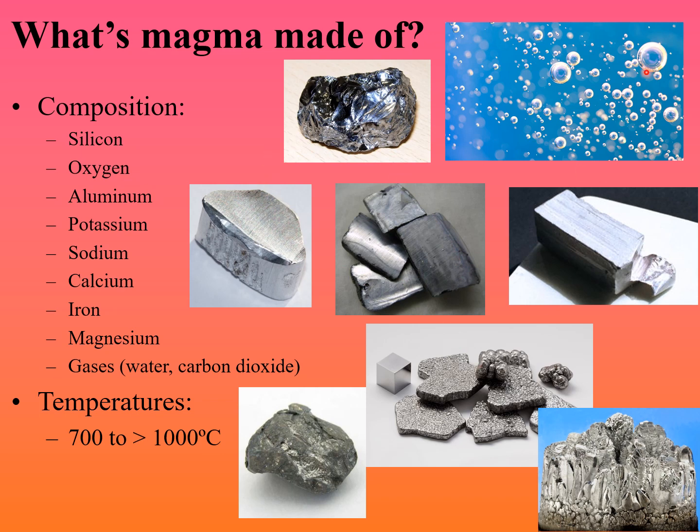There's our gas bubbles up there, and then oxygen obviously is a gas. But then aluminum, potassium, sodium, calcium, iron, and magnesium, here they are in their metallic, solid forms. And magmas are generally at temperatures of 700 to over 1,000 degrees centigrade.